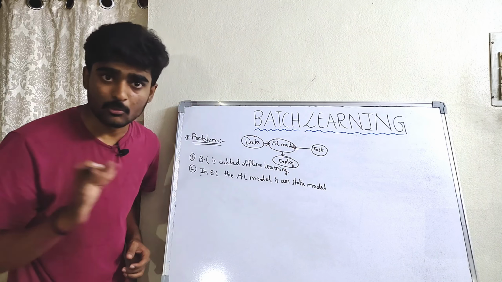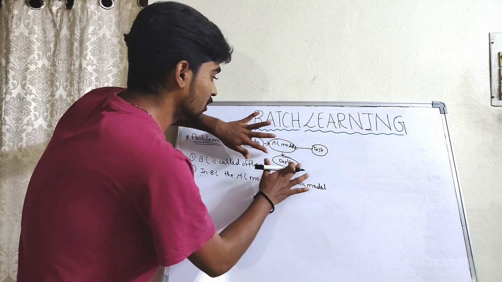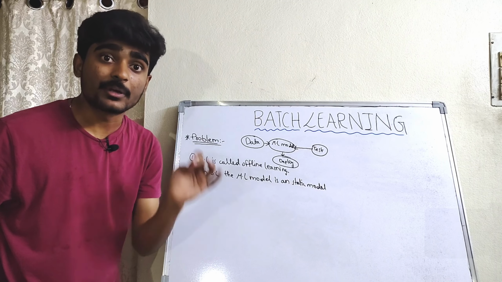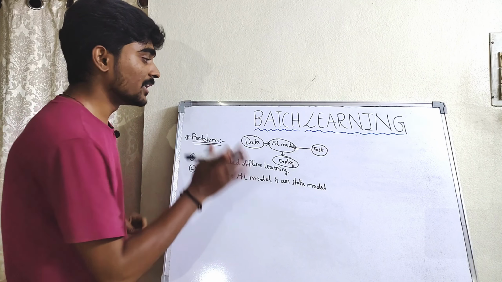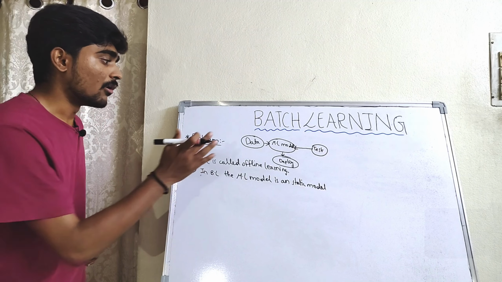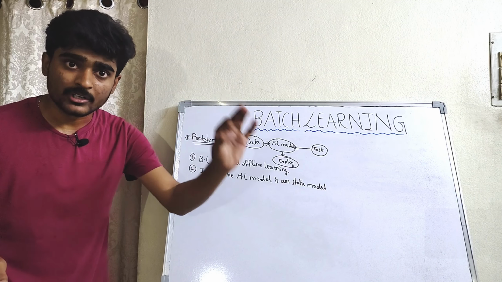Training the model once it is online on this huge dataset is a time-taking process. It is a time-inefficient and also memory-inefficient process. So that is why we do the machine learning model training offline in batch learning.